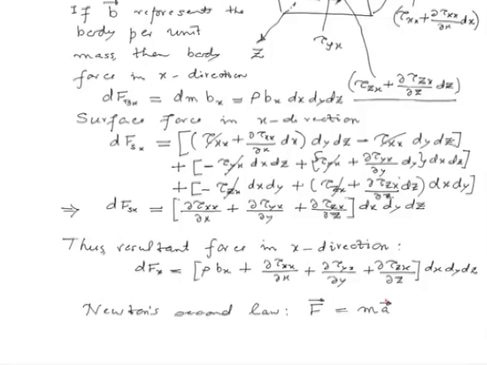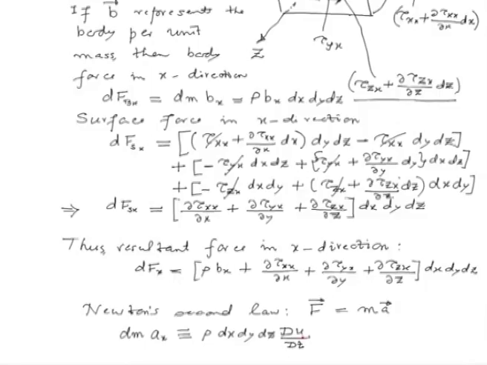If we apply this to our small differential element, what do we get? dm times ax, which is equivalent to rho dx dy dz into du by dt.